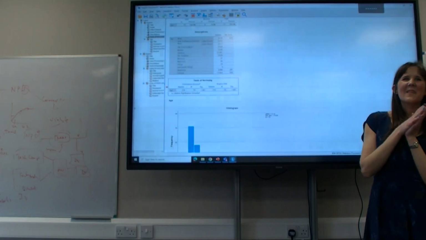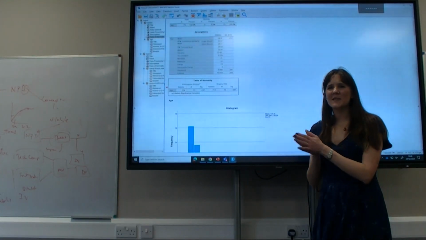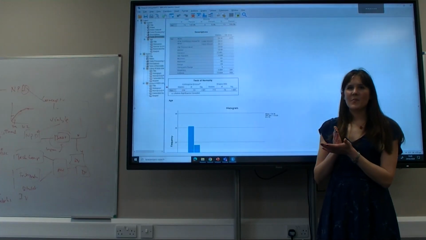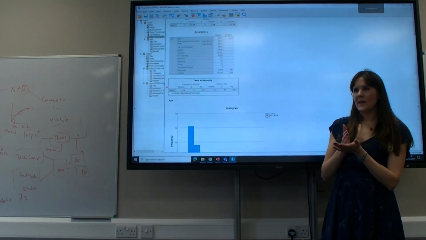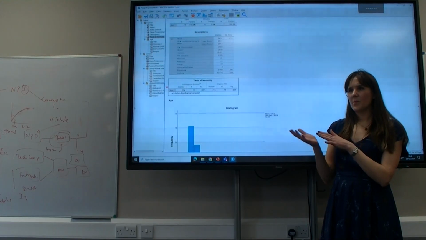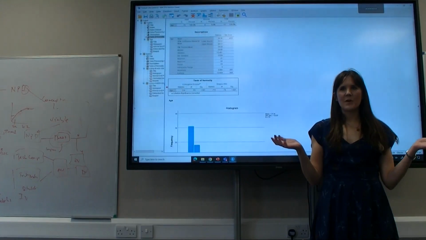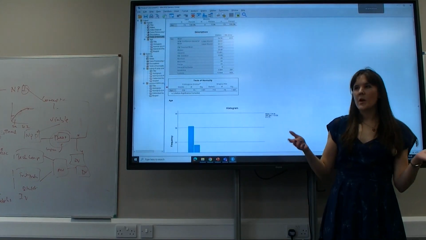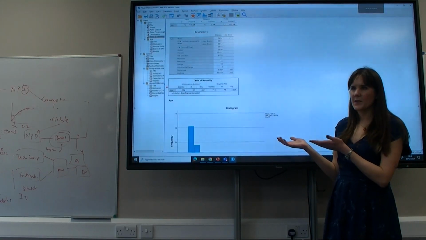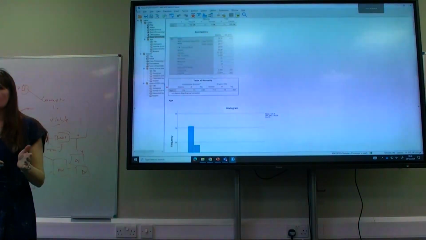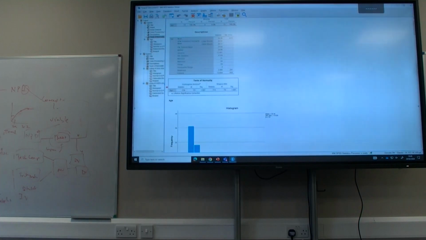Okay, so we're going to do a Z test, which will give us a Z score, and then we just need to look at whether the Z score we get is above 1.96 or below minus 1.96, and then we'll know whether we've got a significant problem with skew or with kurtosis. The Z test you need to do manually, so get out your calculator.